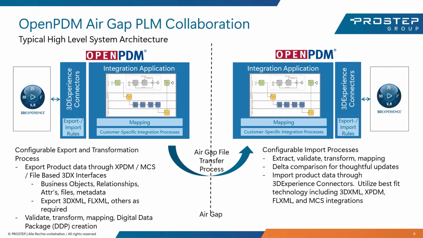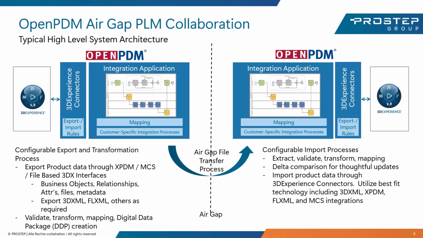And then we're also going to use 3D XML as part of this demo to move the physical product data and the geometry between the two systems. So the CATIA data in effect, and to be able to export that.